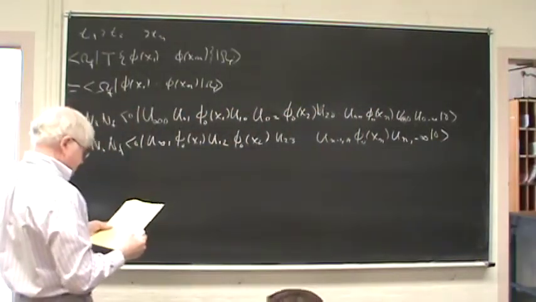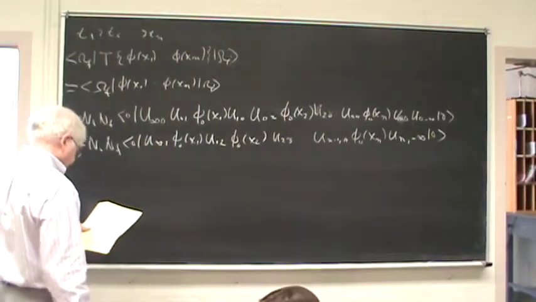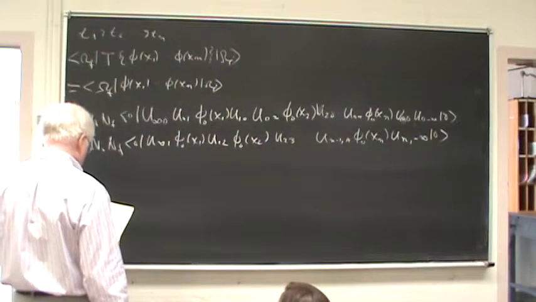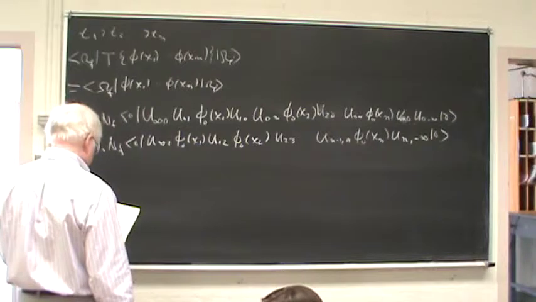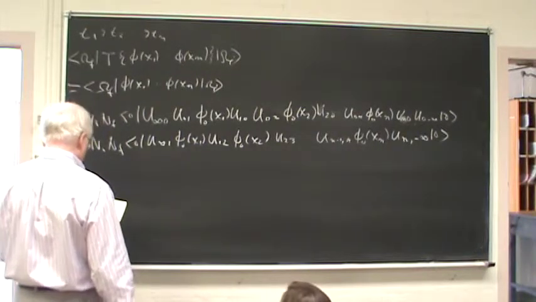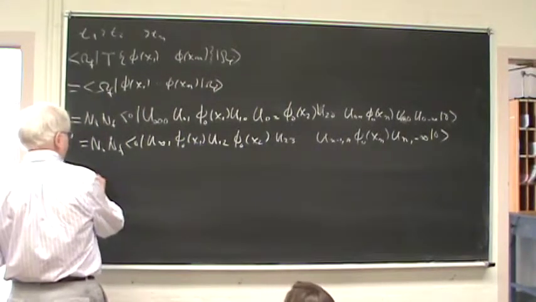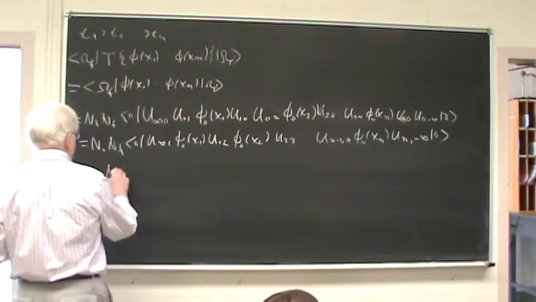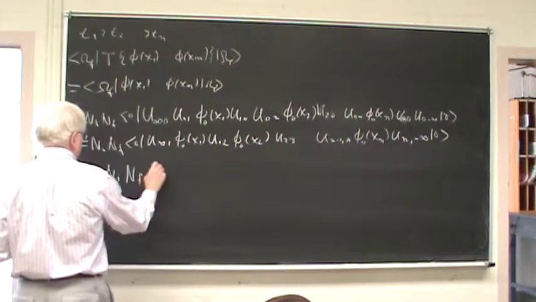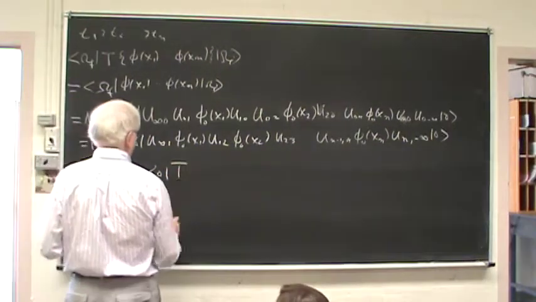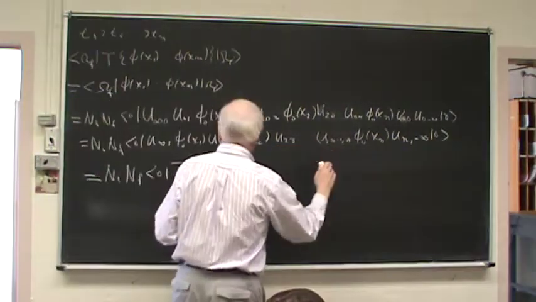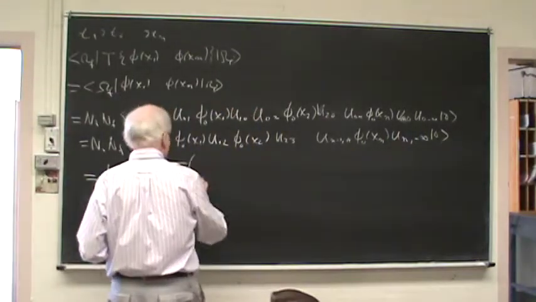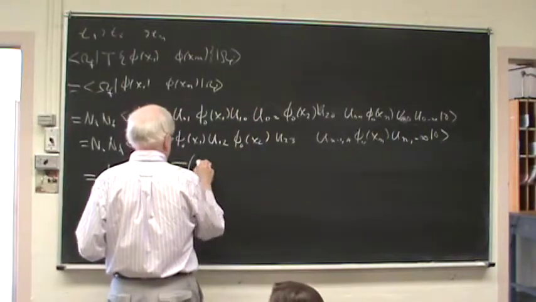And so now, if we put back in time ordering, it's 0, time ordering, and we can take the two U's and put them together at the end, because we have time ordering, we don't care where we put things.